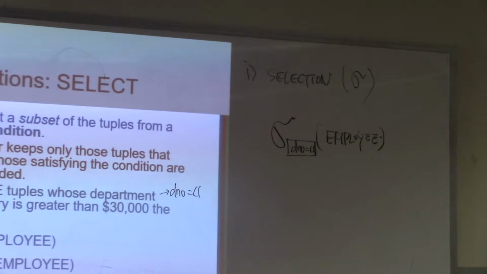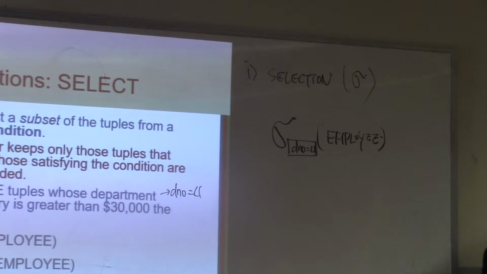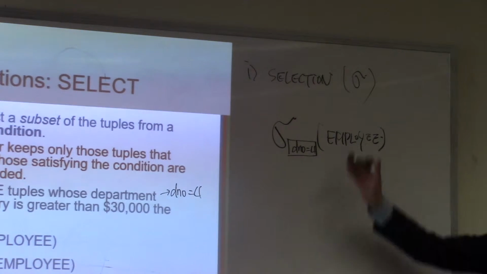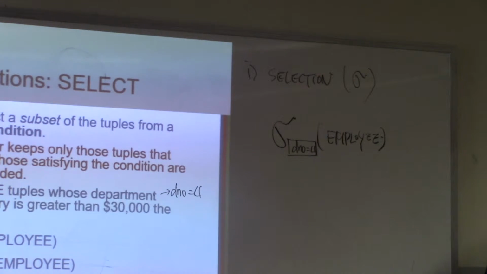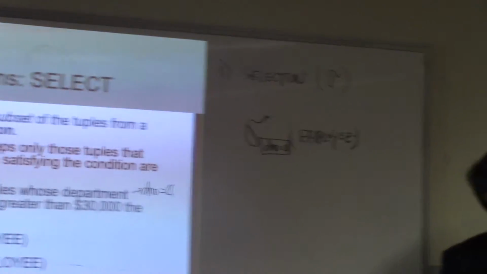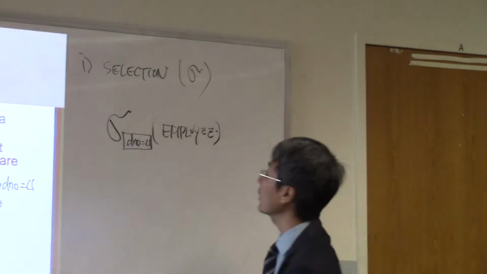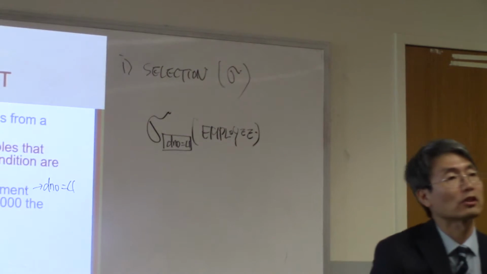So how can we access the data? How can we access the tuple? Using the select operation, selection. So name of relation with the condition. It's kind of filtering. Okay? Then, what is the output of this selection?